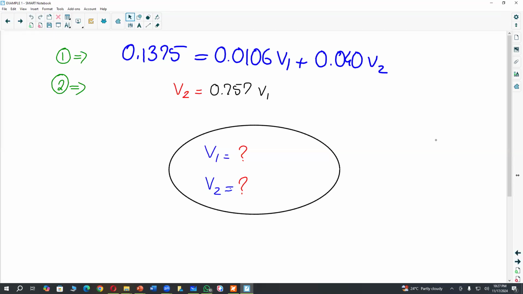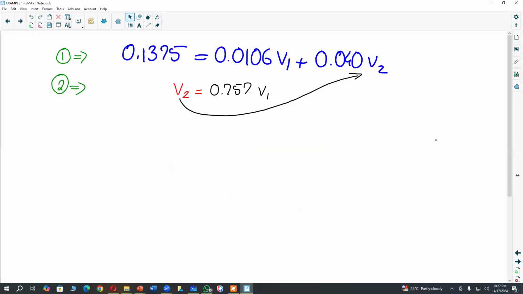So I just need to substitute the value. You have to take V2 from the first equation and put it in the second.